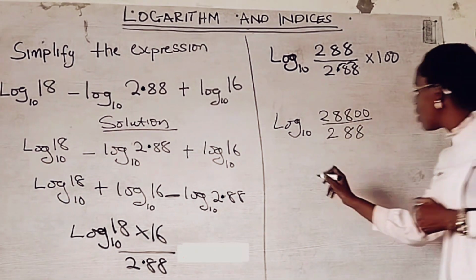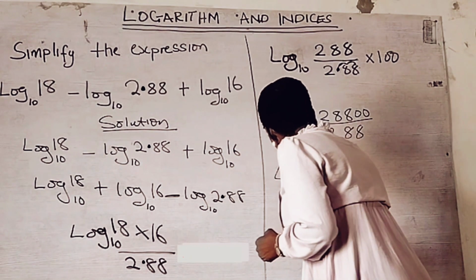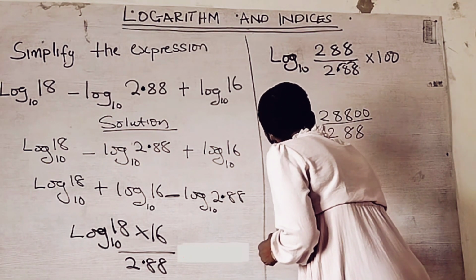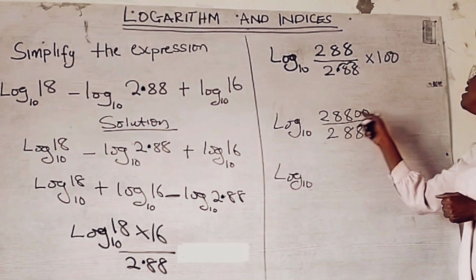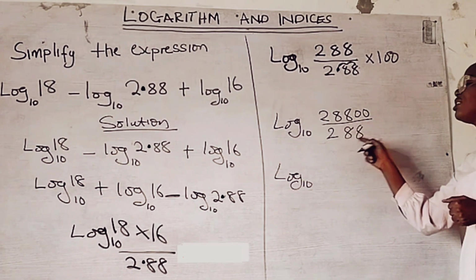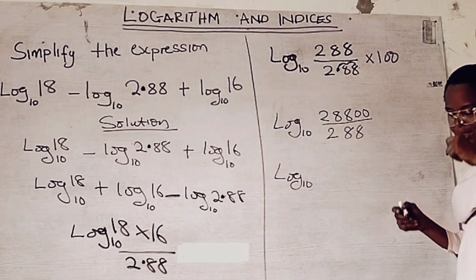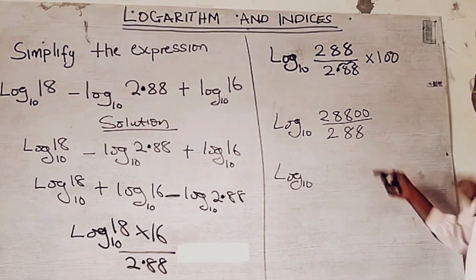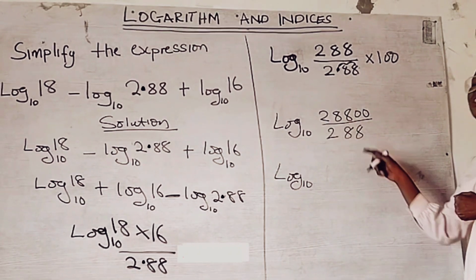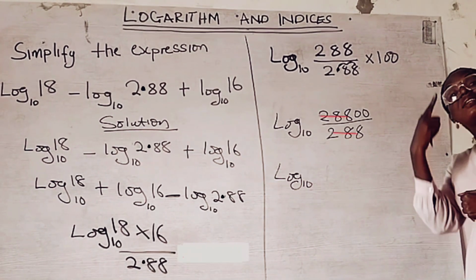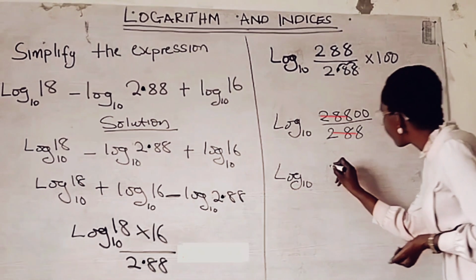So we continue. It will now be easy for us to divide. Let me write out log first. I write log 10. Then I'll say 28800 divided by 288. What shall the division be again? I want to start like this. 288 divides 288. A number divided by itself gives 1. So I write 1.